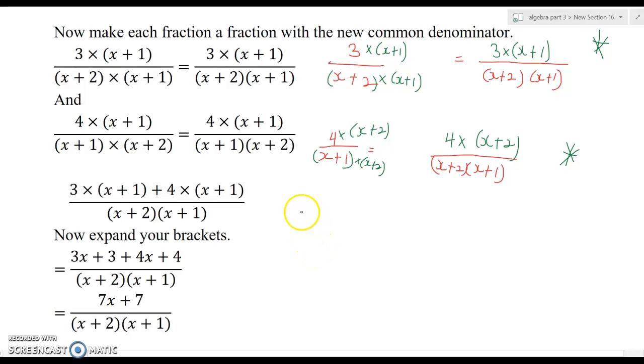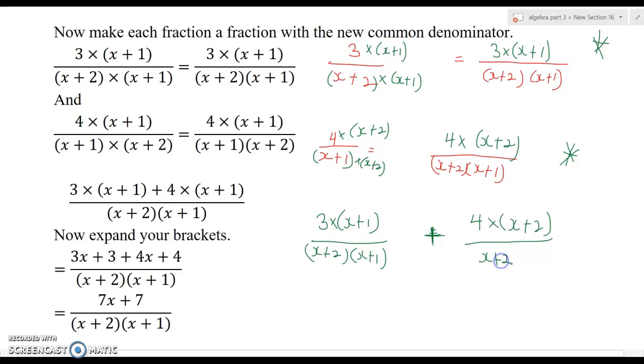So now we have 3 times x plus 1 all over x plus 2 by x plus 1. And now we have, sorry, this should be addition, 4 times x plus 2 all over x plus 2 by x plus 1.